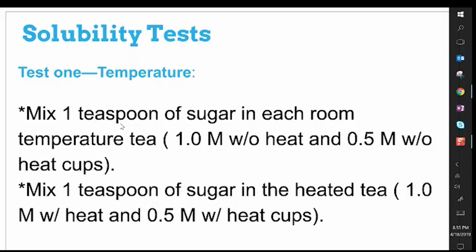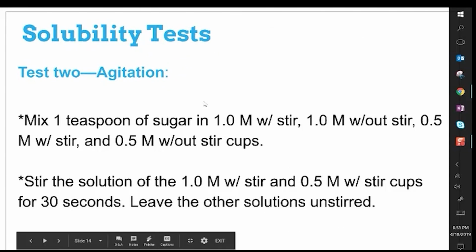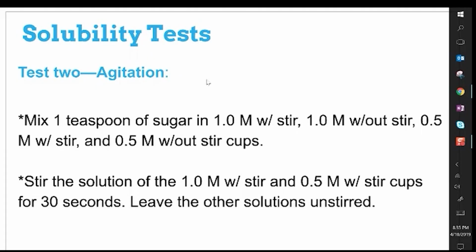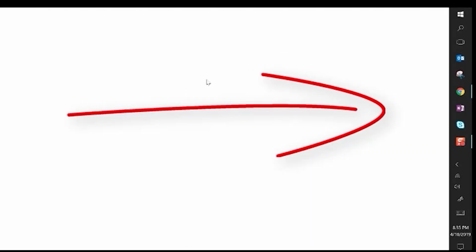We end up mixing a teaspoon of sugar into each room temperature tea and then a teaspoon of sugar into the heated tea. Agitation or stirring, how will that affect solubility and the taste? And finally, particle size. We will be using sugar cubes, which you've probably never seen, and just regular granulated sugar to see how that affects solubility. All right, let's get going.